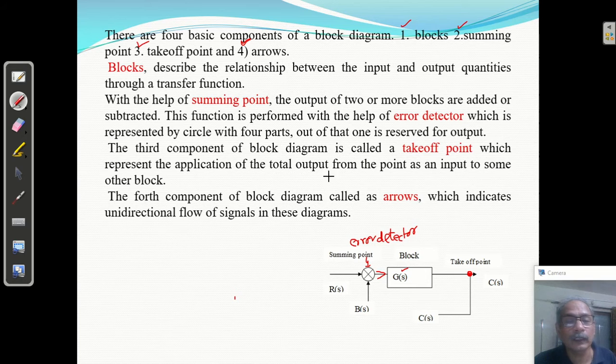It shows the direction, the input, the signal. So four parts are there in a block diagram: blocks, summing point or error detector, takeoff point, and arrows.